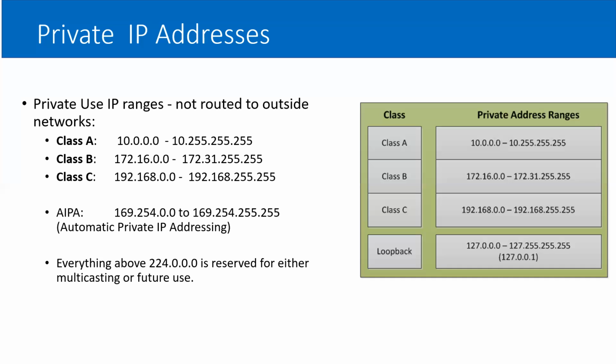You may see that activity assigned to 127.0.0.1. Just be familiar with what loopback is and 127. In the study guide for the quiz, I'll highlight where I think you want to be. You don't have to remember all of these. I will ask for Class A. If you see a 10 dot something something, that one should be easy. That's always a private address, and a private address is never exposed to the internet.